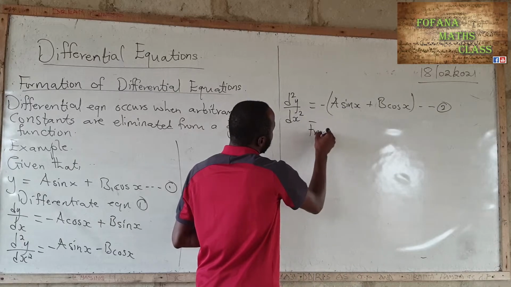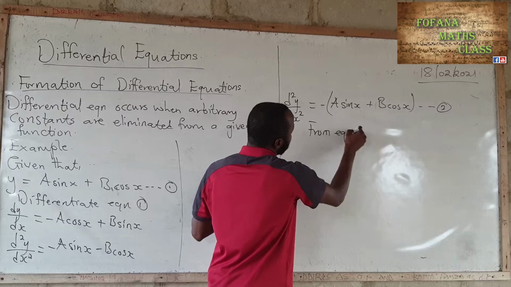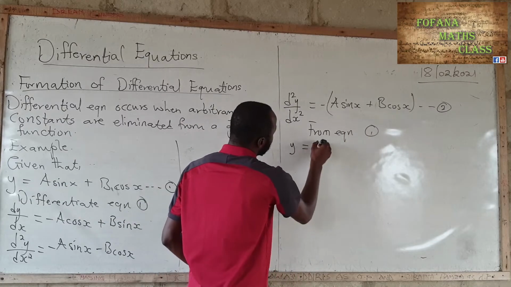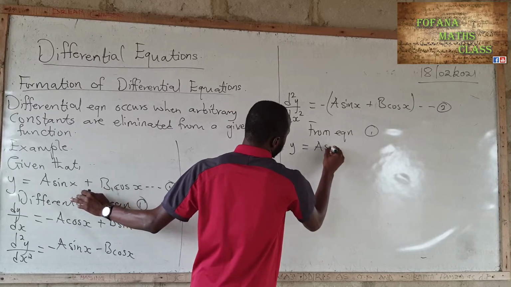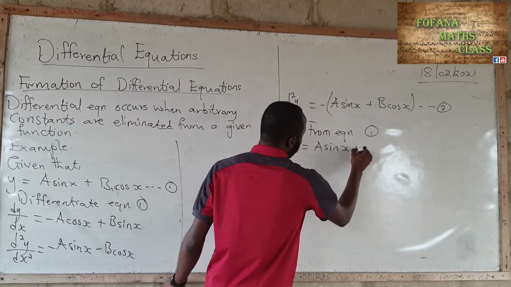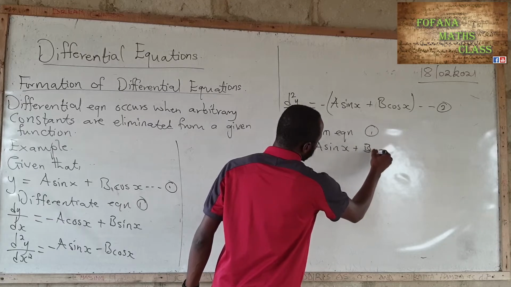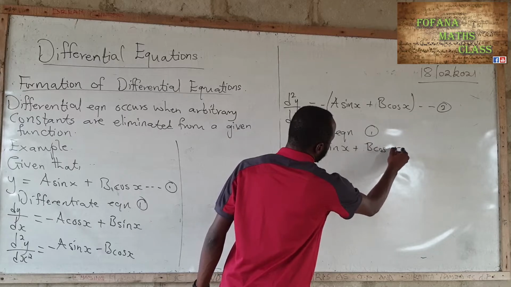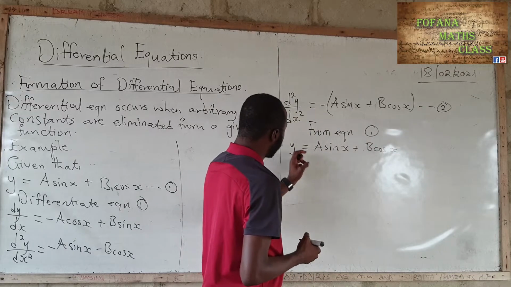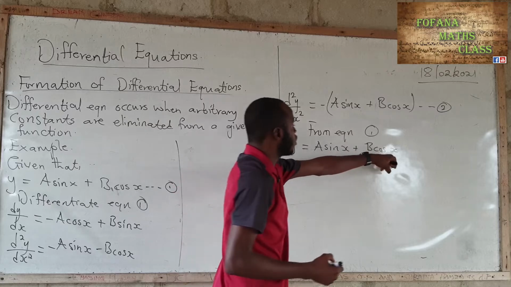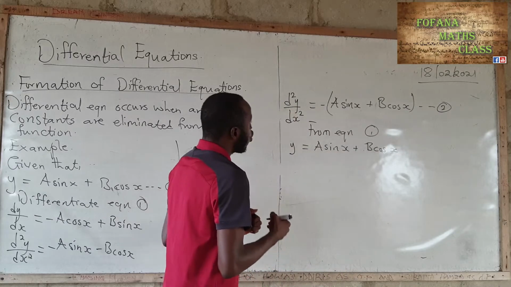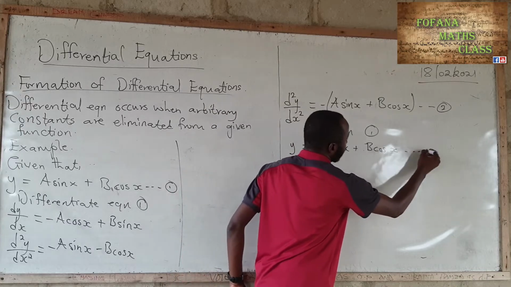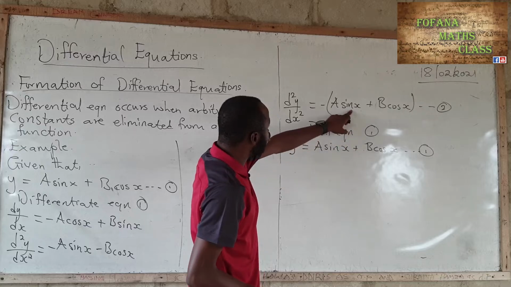Now, from equation 1, we realize that y is equal to a sine x plus b cos x. We can substitute equation 1 into equation 2.